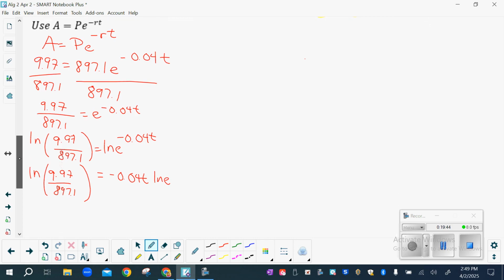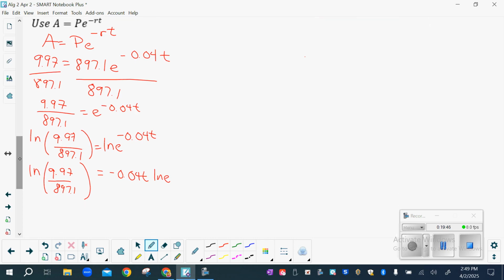Okay, what is the natural log of e equal to? 1. So then this is really equal to negative 0.04t. So what would my last step be? Divide by 0.04. Good. By 0.04 or negative 0.04? Negative, good.